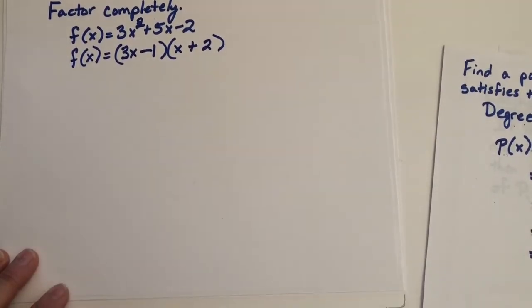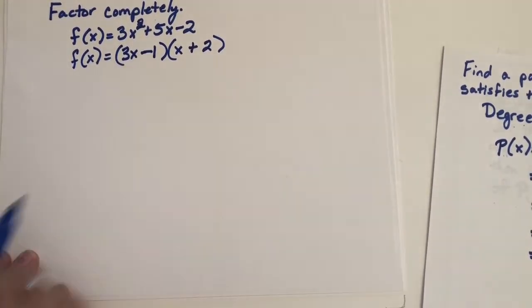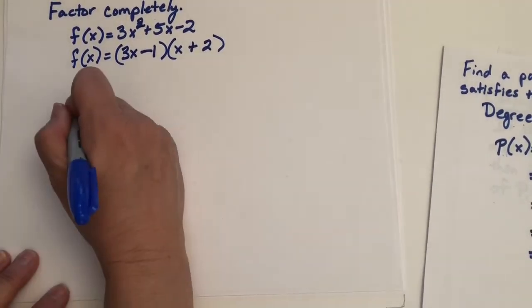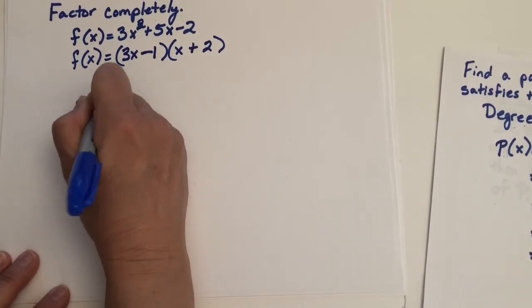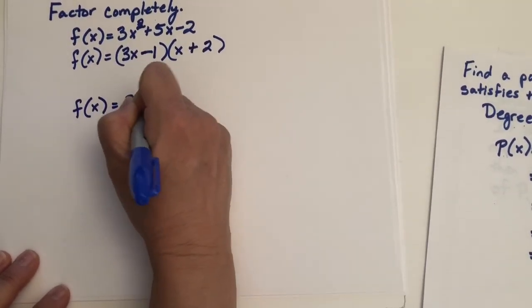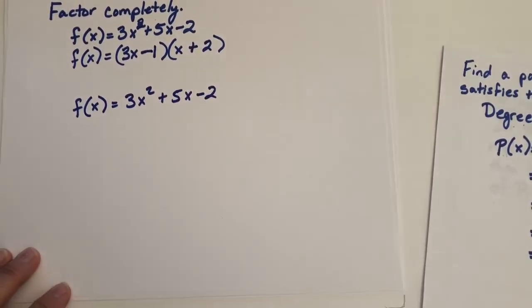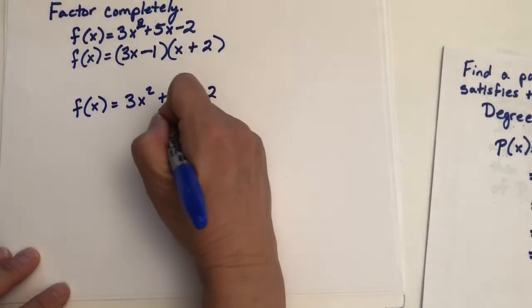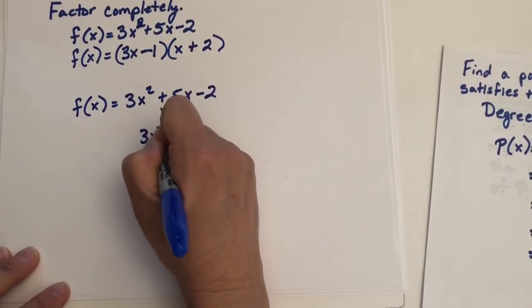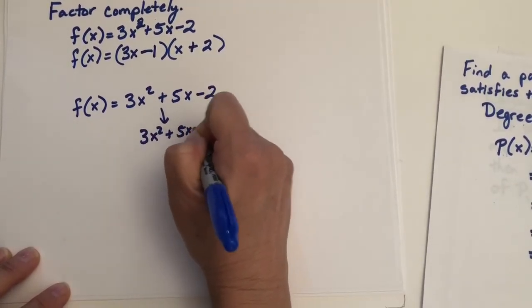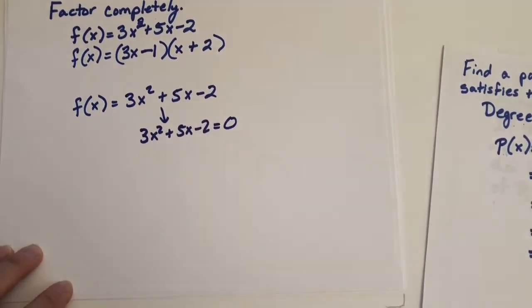But the issue is this. Suppose that you didn't notice that it factored over the integers. And that could happen. You didn't notice. So you set 3x squared plus 5x minus 2 equal to 0.